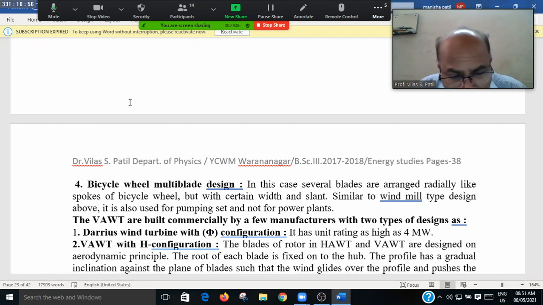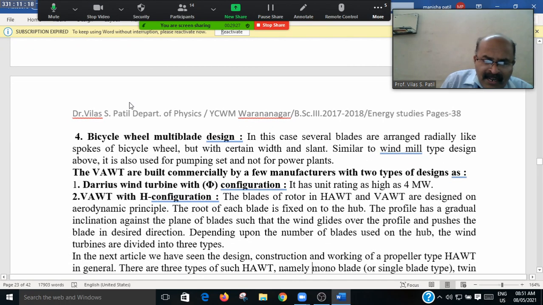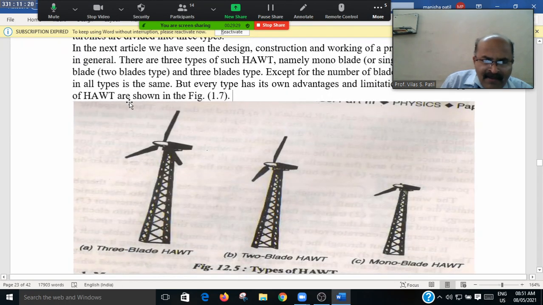Darrieus wind turbine with the phi configuration. Darrieus was the first mechanical scientist who designed the vertical axis wind turbine generator with the phi configuration, and it has a rating of about 4 megawatt. It is greater than 3 megawatt.